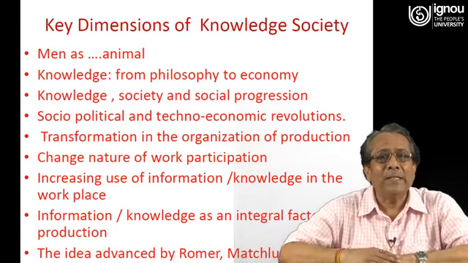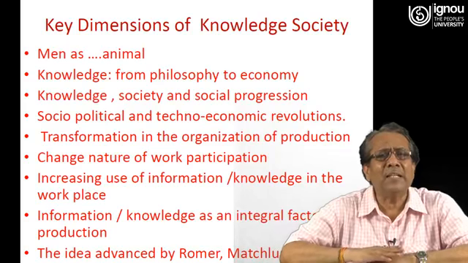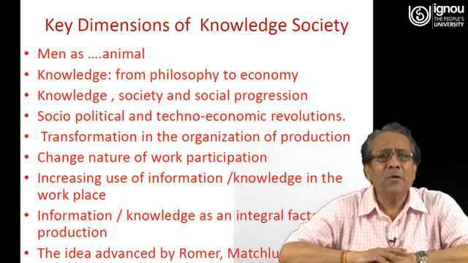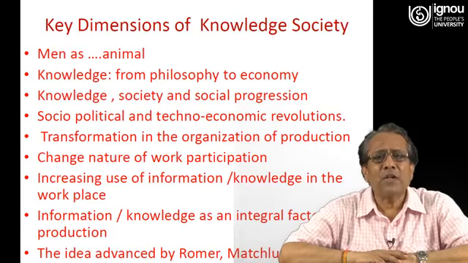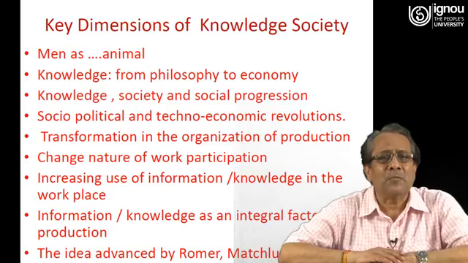Now, let us talk about how this production and dissemination of knowledge links to the social, economic and political progression in the society. When we talk about the social, economic and political progression, we have widely talked about social transformation. Those are widely guided by technological forces.